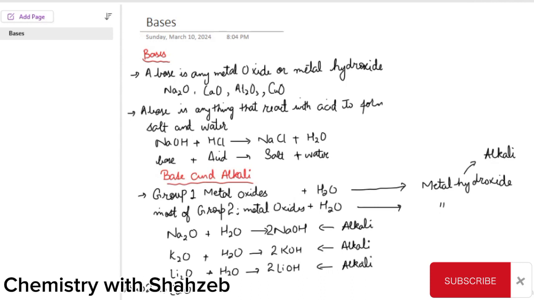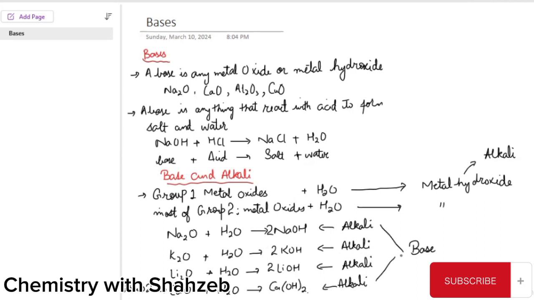And group 2 metal oxide also dissolves in water, so it forms calcium hydroxide. You can see these alkalis are bases as well. Only one thing: they are soluble in water, so they are called alkalis.